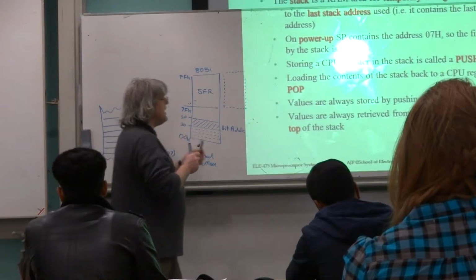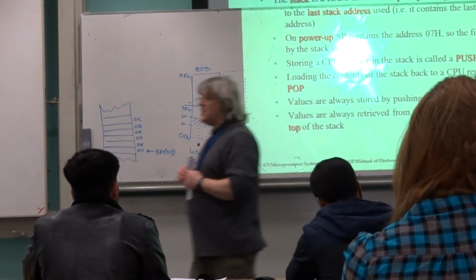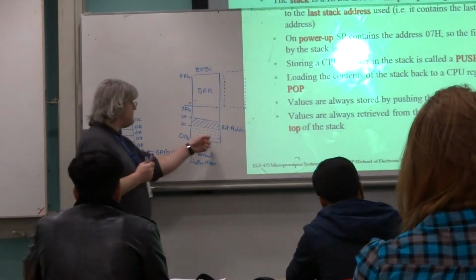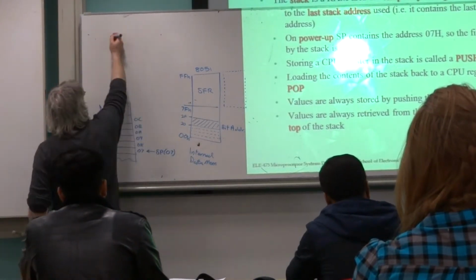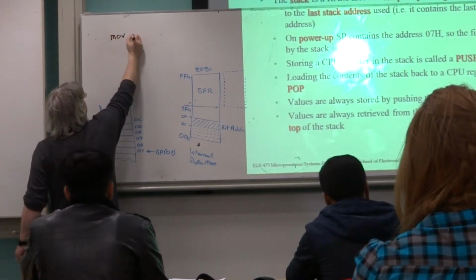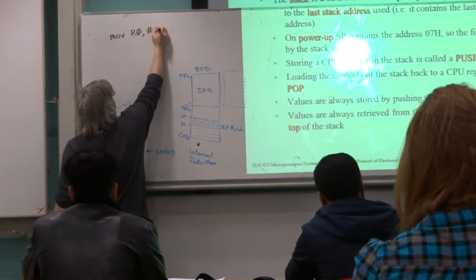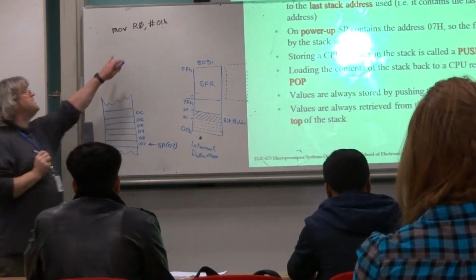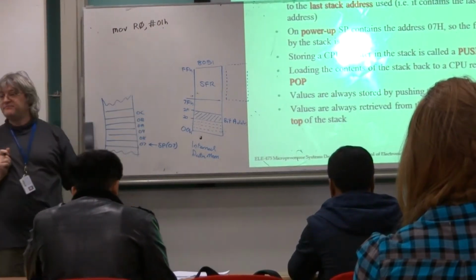So, let's say that you now wish to store some values in the stack. Now, typical things you might want to store are things that may be, for example, in a register bank. So, let's say that earlier we did this. We said, move into R0, immediately the value 01 hex. That's immediate addressing. We're saying take this numeric value, 01, and stick it into R0.